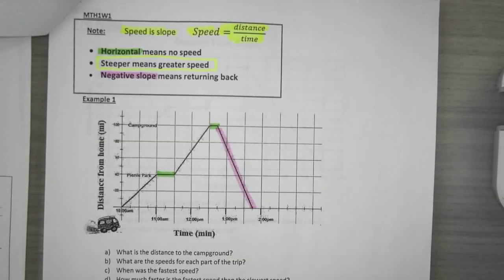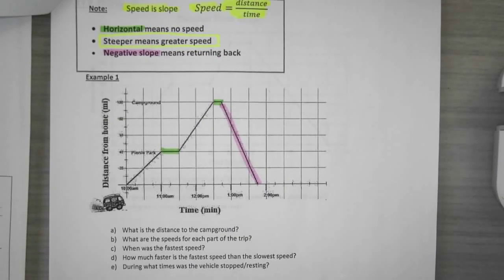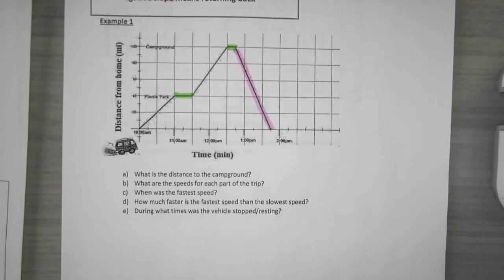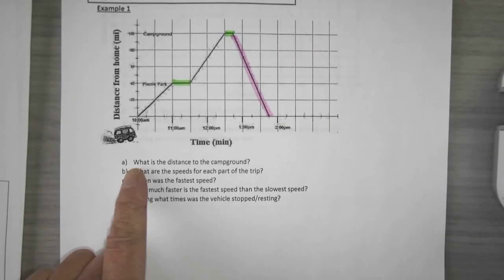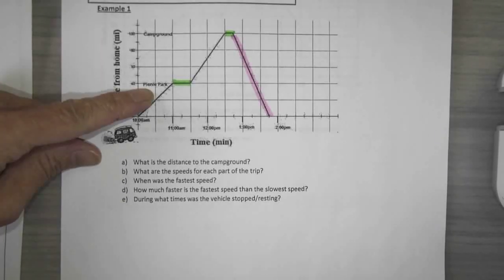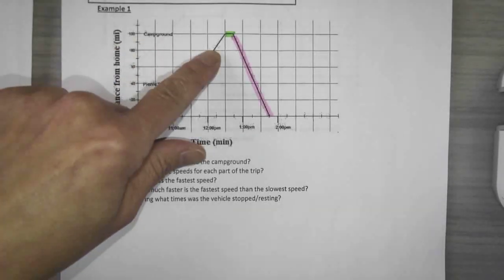Okay, for A now. So let's see what the questions say. So we've got all the topics, all the ideas here. This next one. What is the distance to the campground? So this is distance from home. This is picnic park and then campground.